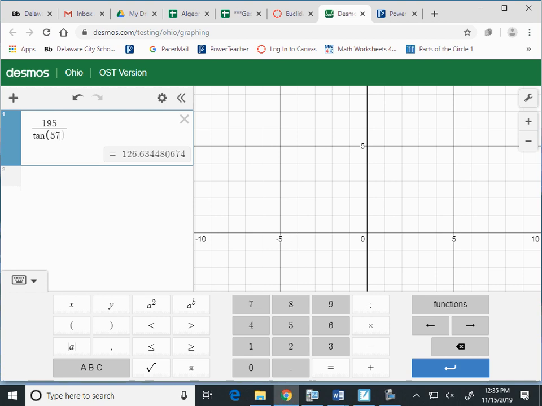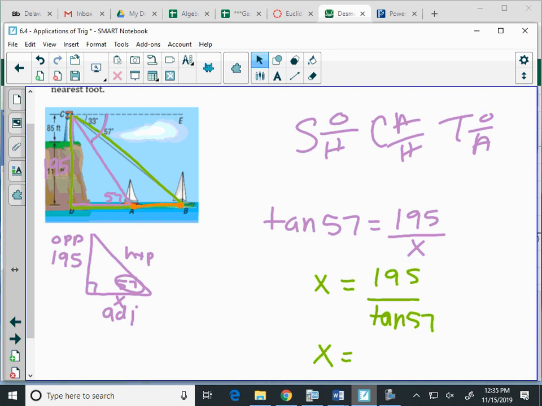And it's about, to the nearest foot, 127. So that's the length of the purple part. Should have written all that in purple. But the length of the purple triangle, 127.